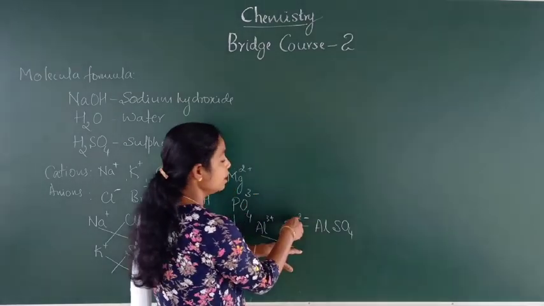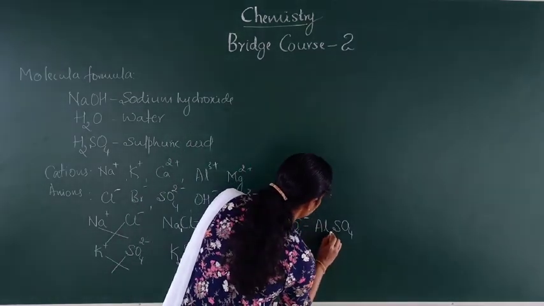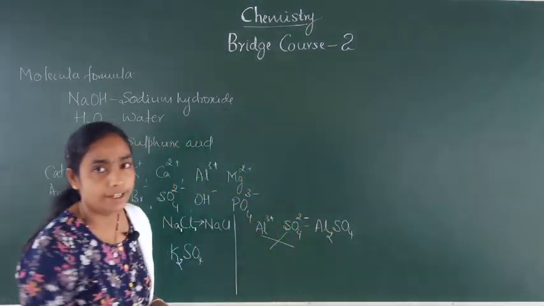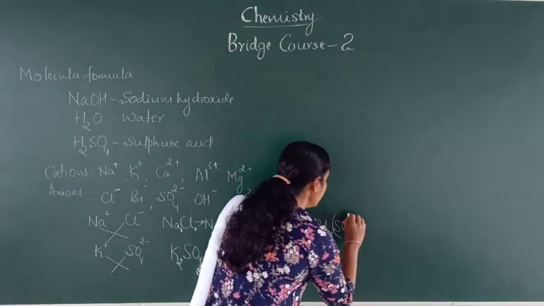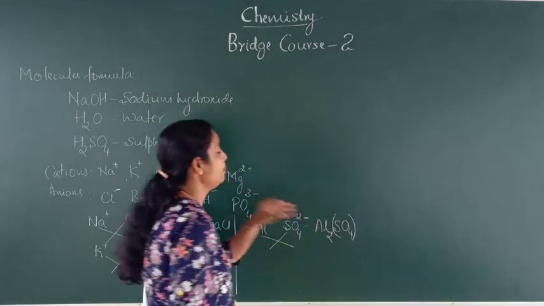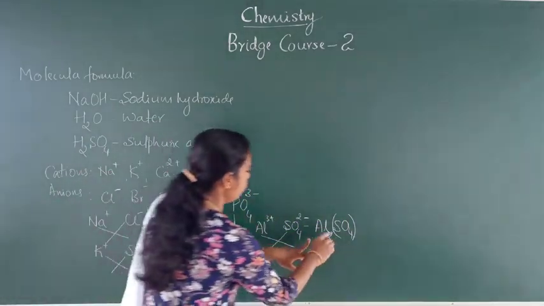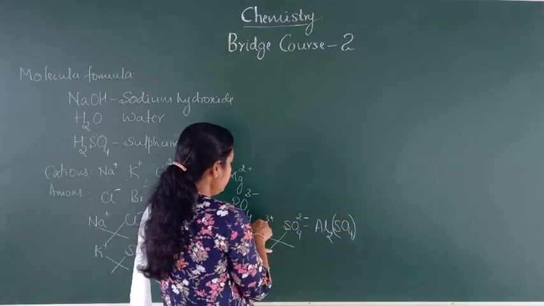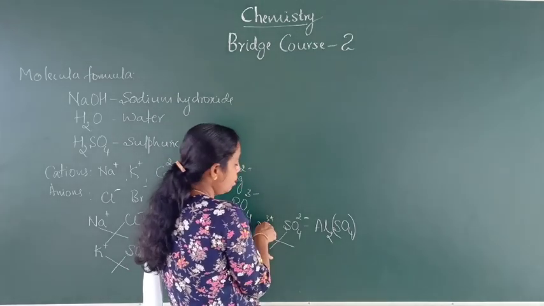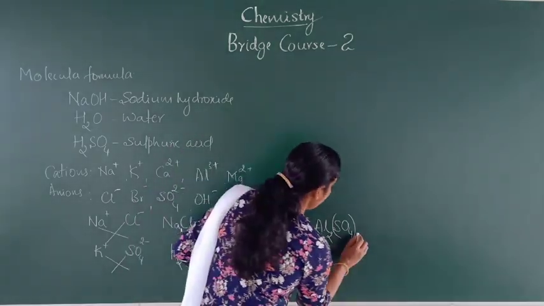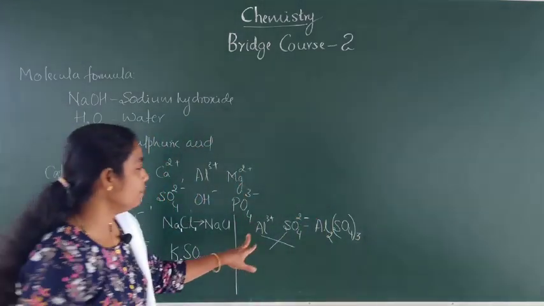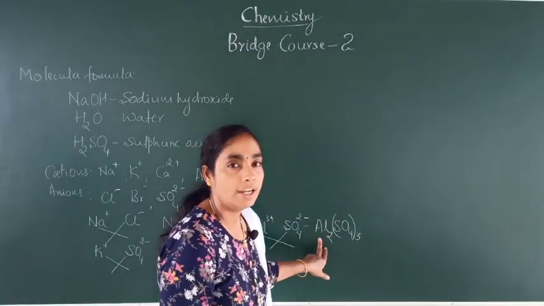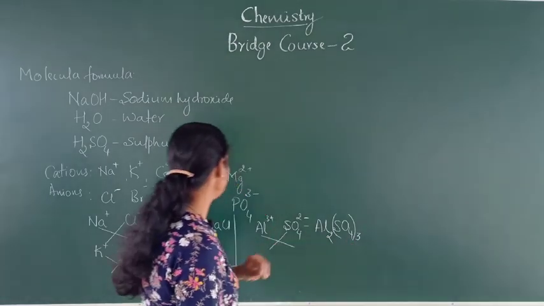The charge on the anion is 2, therefore we have to write 2. We have to put a bracket here because 2 elements are present, and then we have to write the charge on the cation below the anion. So the formula of aluminium sulfate is Al2(SO4)3.